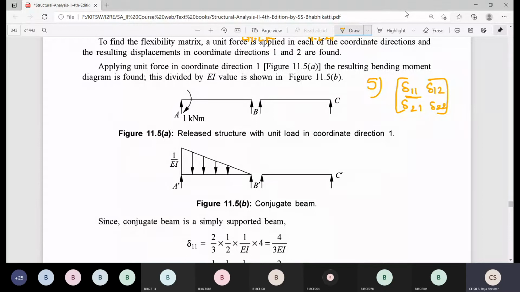Delta 1 1 will be equal to, if you apply unit force at coordinate direction 1, the corresponding displacement at coordinate direction 1. What is delta 2 1? If you apply unit force at coordinate direction 1, the displacement at coordinate direction 2 will be delta 2 1. That's right. So how to solve that one, we will see here.